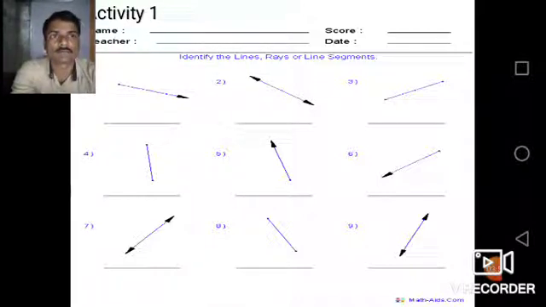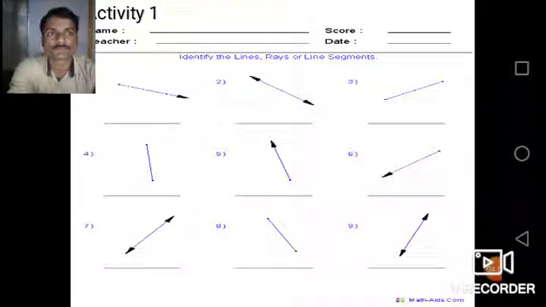This is one of the activities for students. Identify the lines, rays and line segments. Only 9 figures are here. Some of them are rays, some of them are line segments, and some are lines.